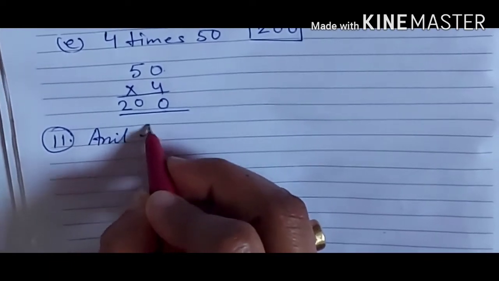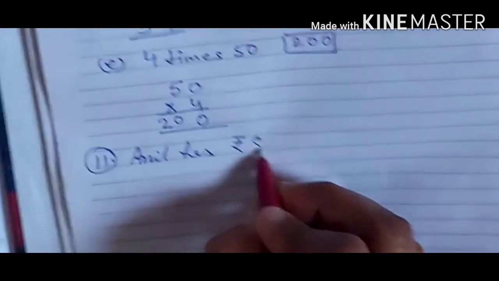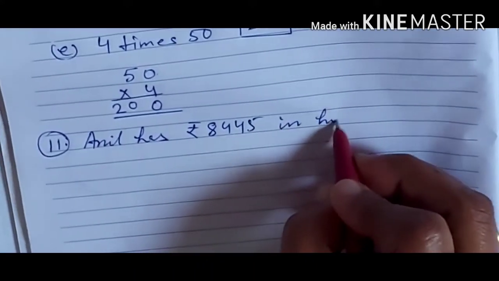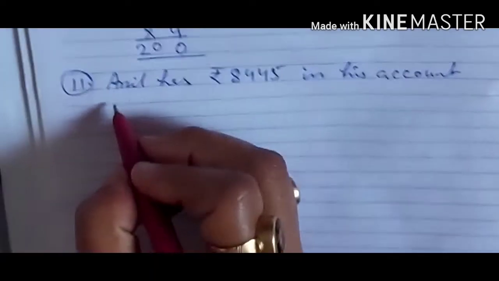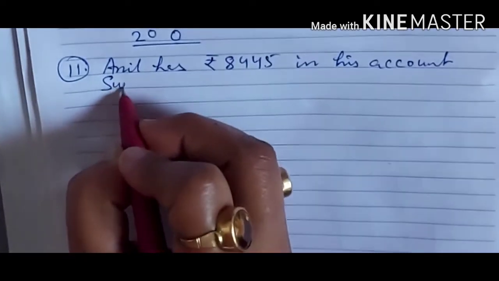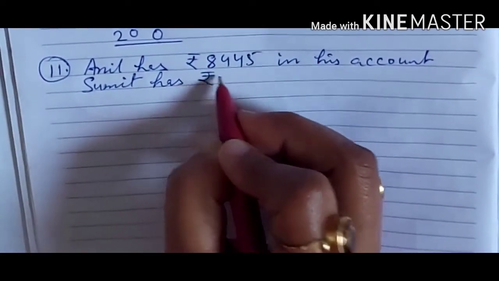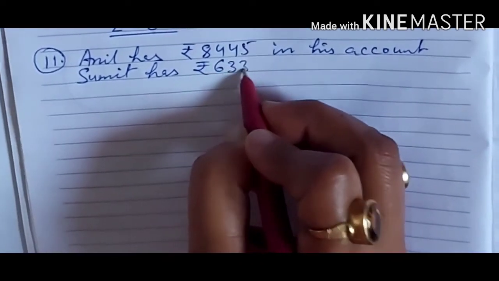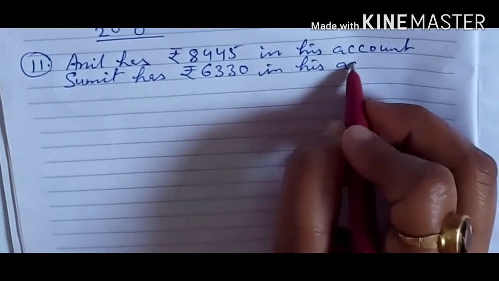Anil has rupees 8,445 in his account. Sumit has 6,330 rupees in his account.